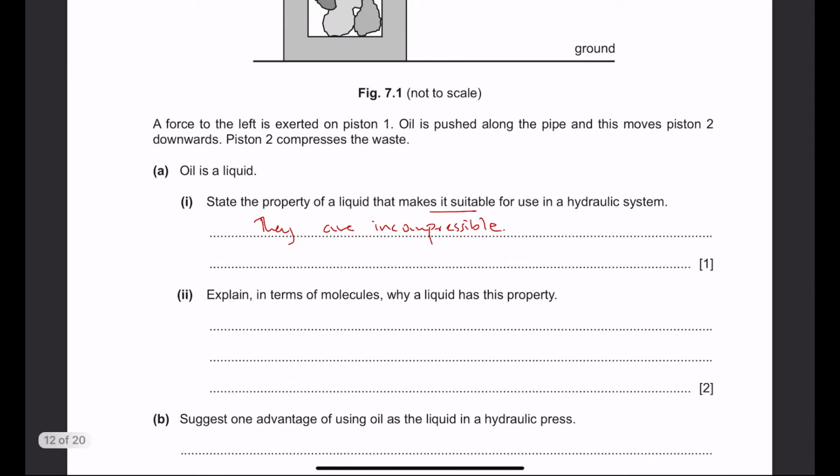Now, in terms of molecules, why the liquid is incompressible is what they're asking. So the thing with liquids is that their molecules are quite close together. Their molecules are very close, and if you try to push them together any closer, the force between the molecules turns repulsive.